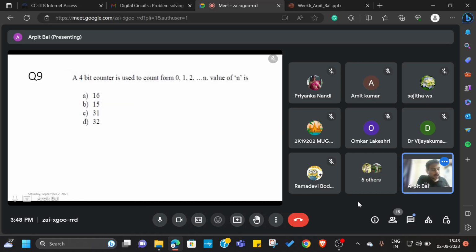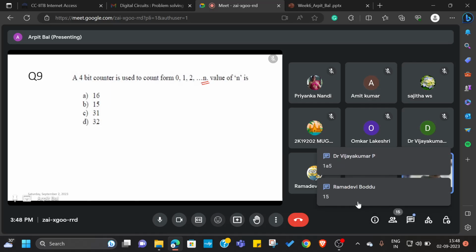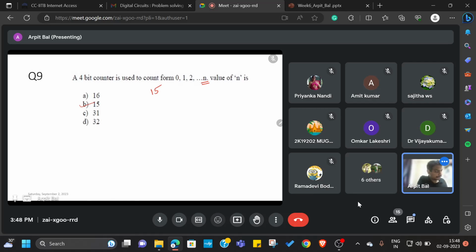Okay. So this question I would like you to answer. You have a 4-bit counter and you have to figure out what is the value of n. Yeah, correct. So the answer is 15. So let's say n can be anything. There is a general formula.